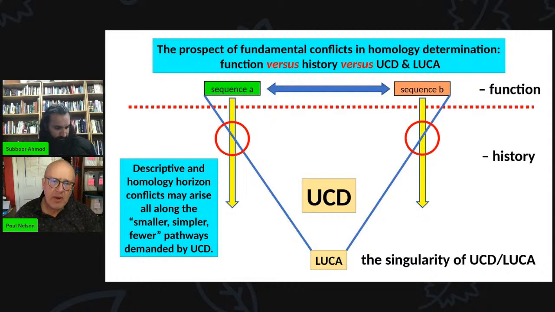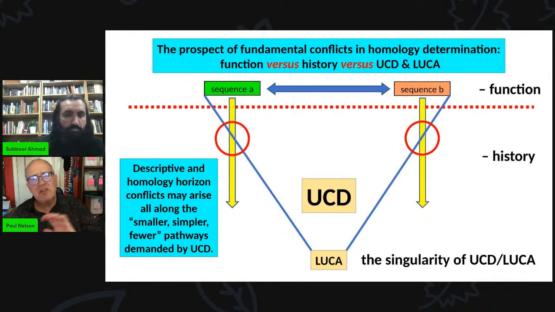As I extend my functional claim back in time, that's my yellow arrow here, I face a conflicting demand from universal common descent, and I get a collision right here, where universal common descent requires me to change my functional description because it's too complex for what must have existed according to universal common descent at that time. And you can see this conflict everywhere when you go into the molecular evolution literature.